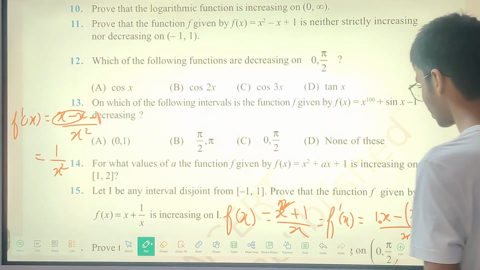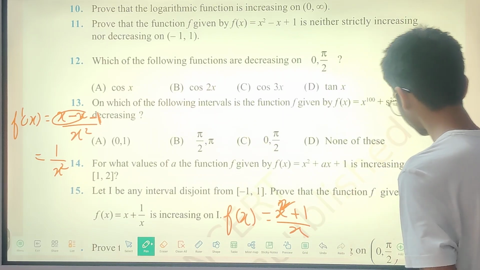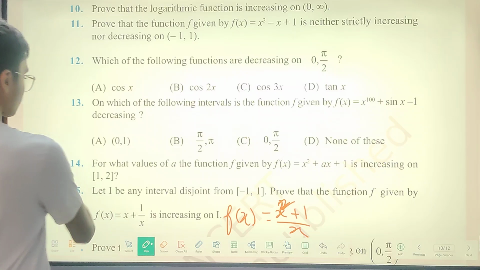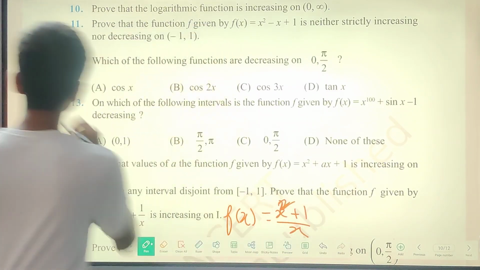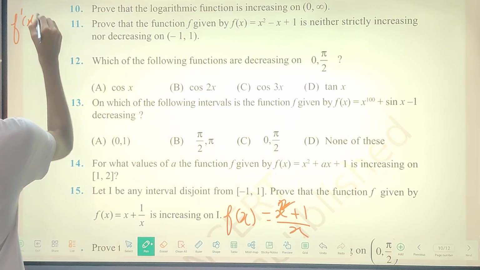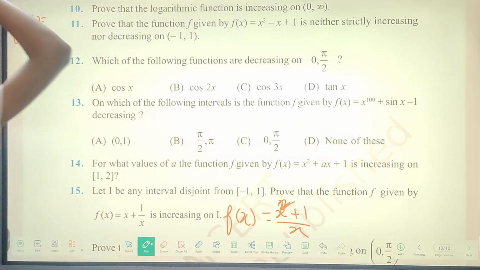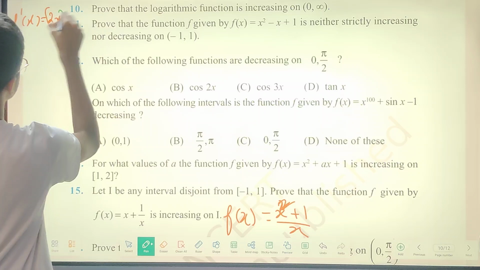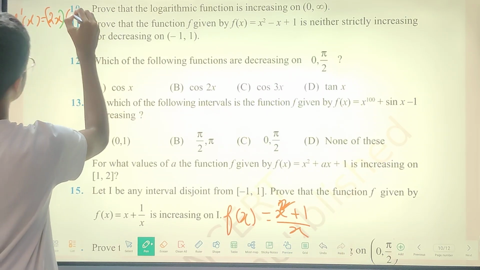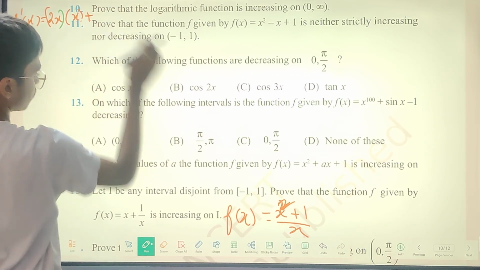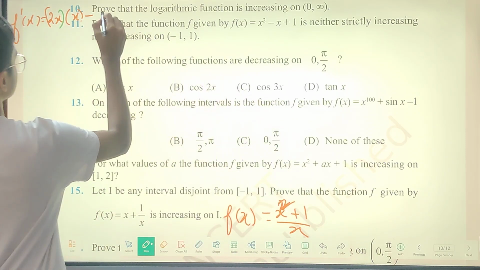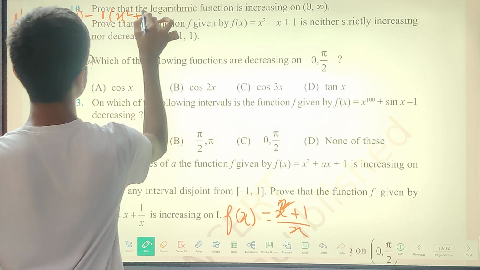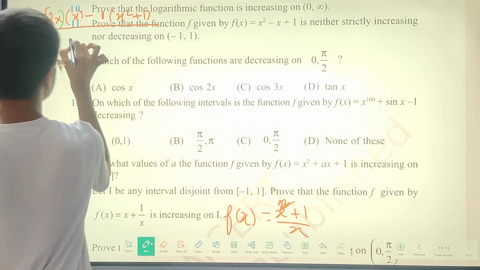Now if you differentiate, f dash of x should be the same thing. That was what I was wondering. So f dash of x is equal to 2x into x minus 1 into x square plus 1, whole divided by x square.